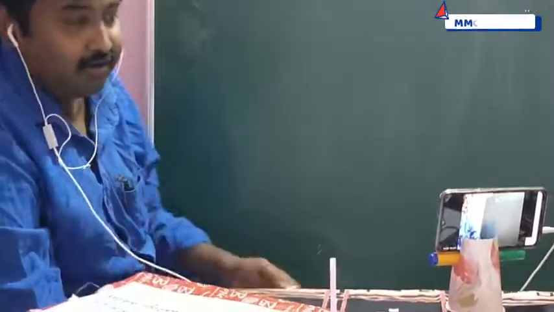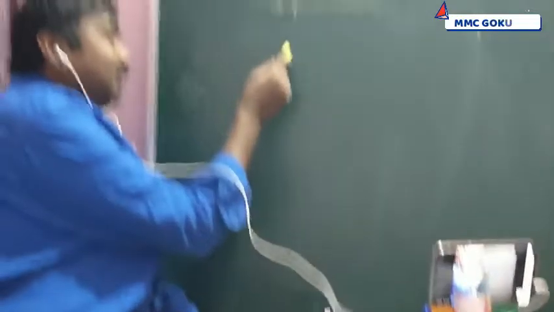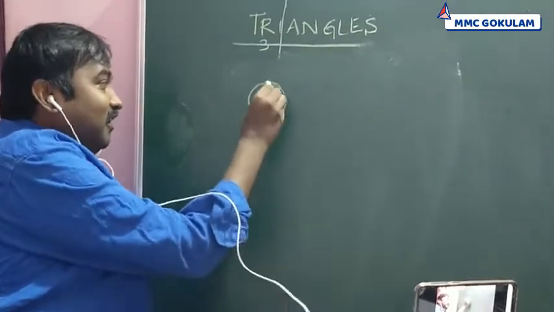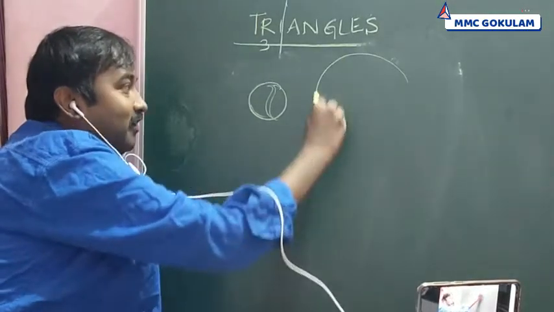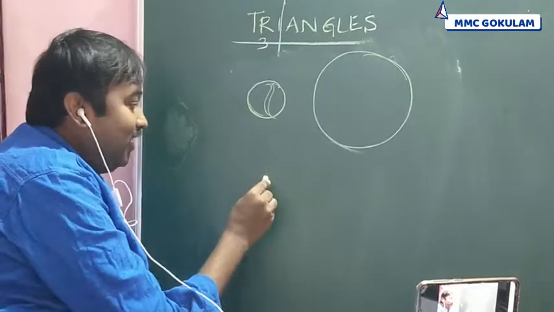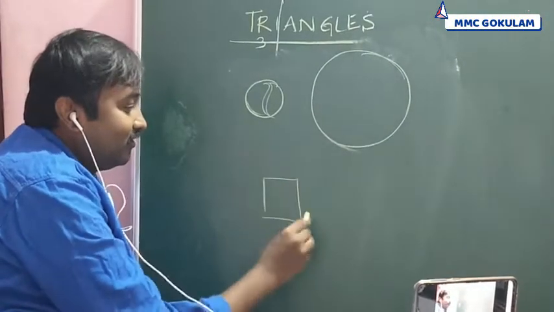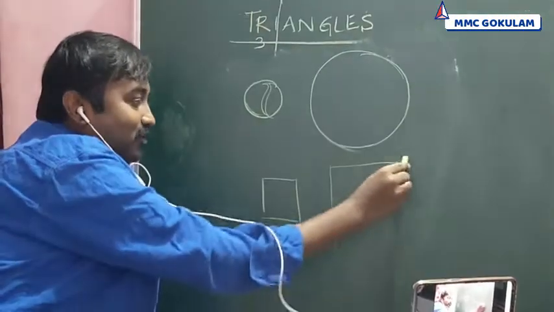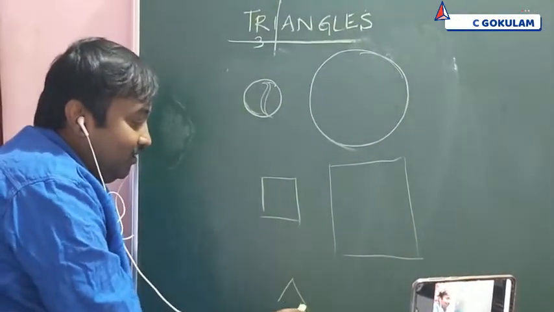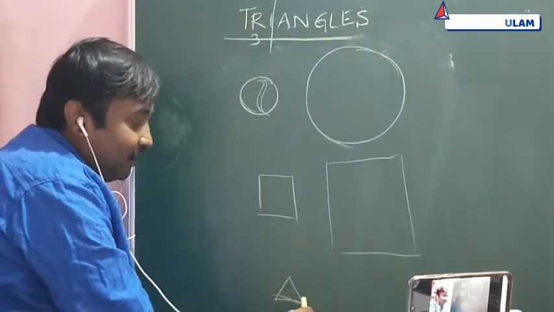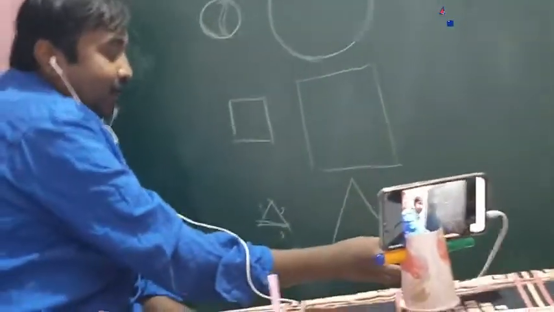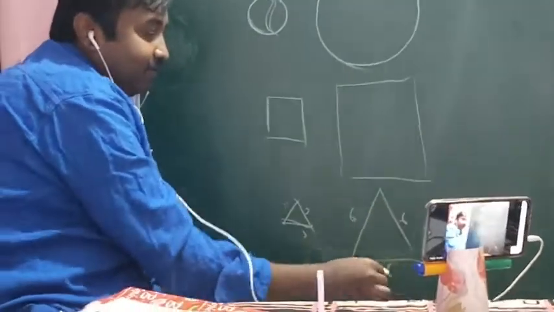Okay, friends, observe another diagram. A tennis ball or a shot put and a football, and a stamp size photo and a passport size photo, and a triangle of 3 centimeters and a triangle of 6 centimeters.